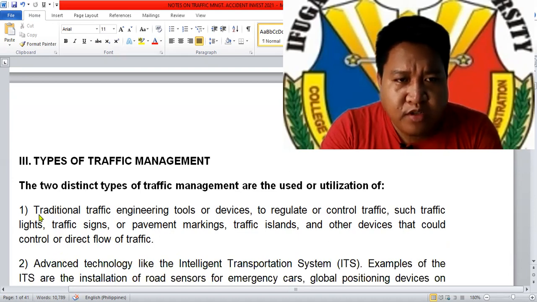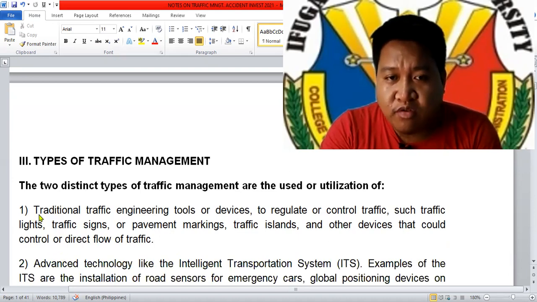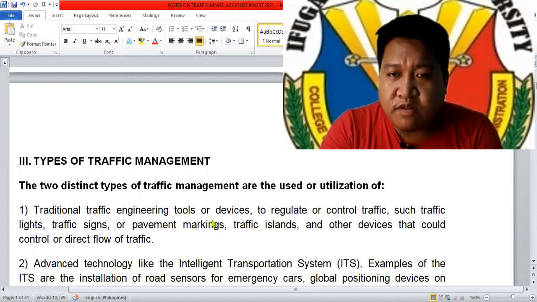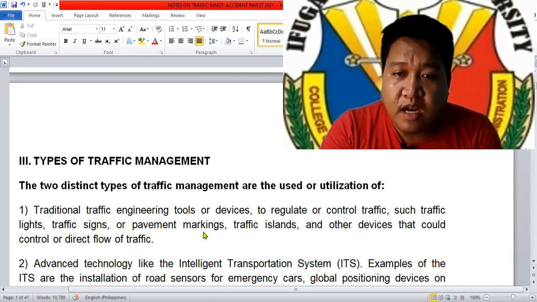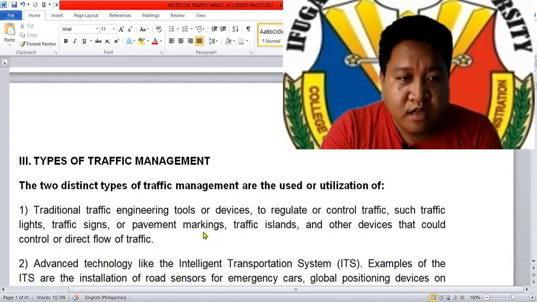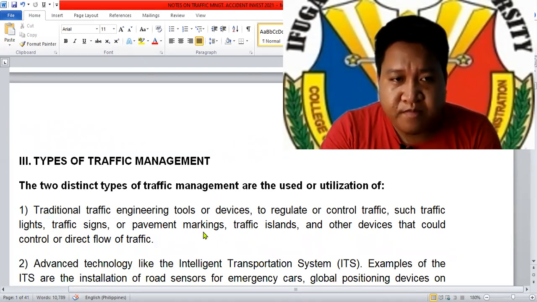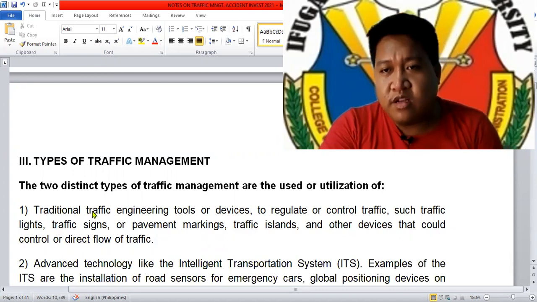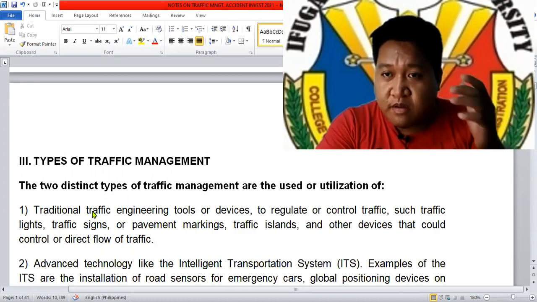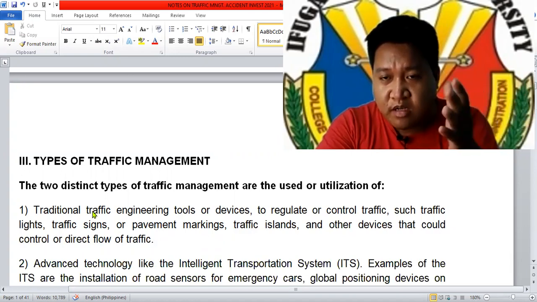The first one is traditional traffic engineering tools or devices to regulate or control traffic, such as traffic lights, traffic signs, pavement markings, traffic islands, and other devices that could control or direct the flow of traffic. Again, traditional traffic engineering tools. So yan yung common, from the early times until today.